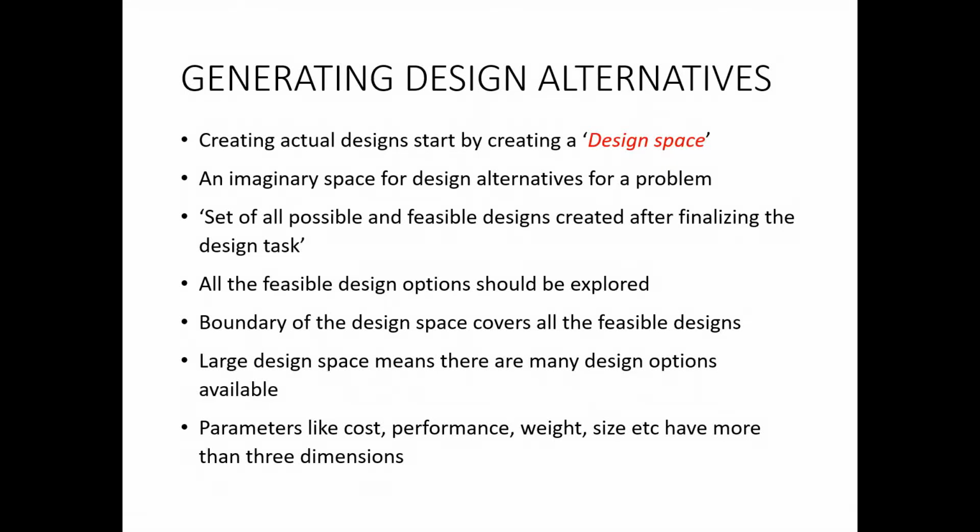We have to choose the best design alternative and finalize on it. We cannot consider all the design alternatives because it is not possible for us to go ahead with multiple solutions at a time. So we need to concentrate on very few, maybe one or two design alternatives which are feasible.